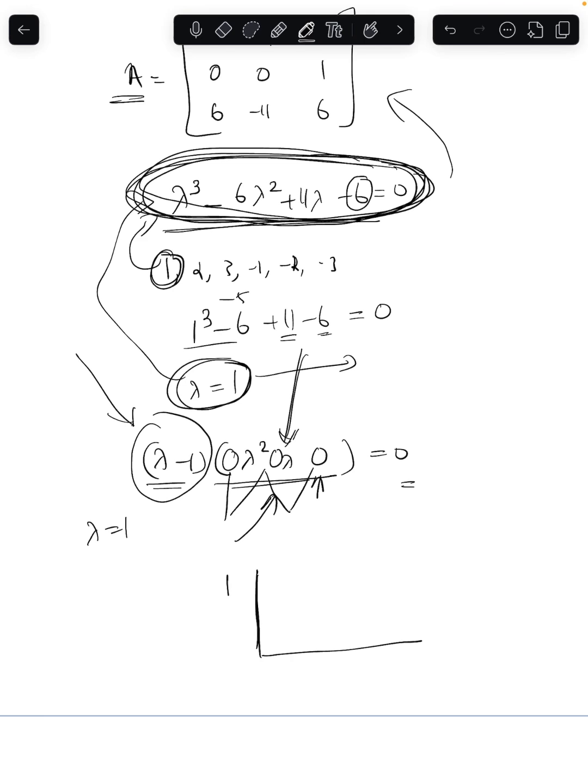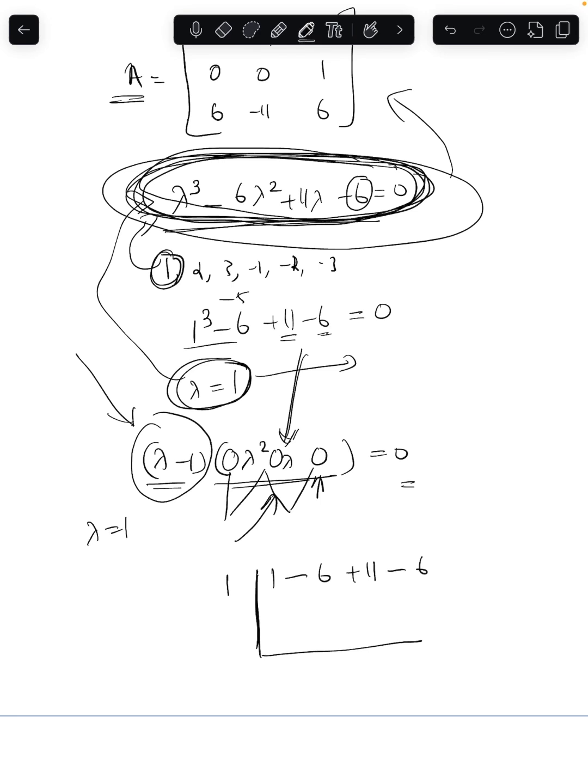Next I am putting here the coefficients of this characteristic equation: the coefficient of lambda cube is 1, minus 6, the coefficient of lambda square is 6, the coefficient of lambda is plus 11, and the constant term is minus 6.